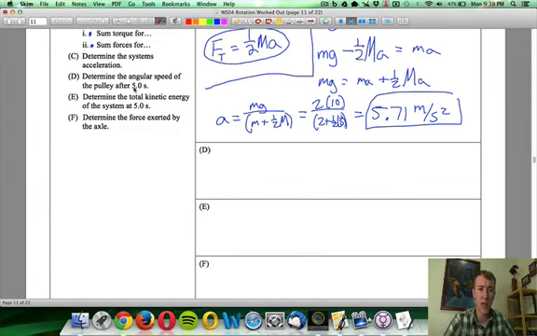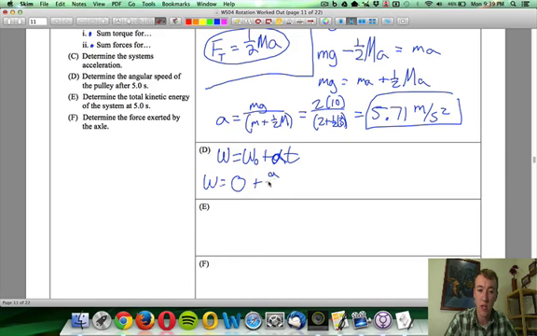It says determine the angular speed of the pulley after 5 seconds. We can use this equation here, finding the angular velocity. We got initial angular velocity plus angular acceleration times time. The initial angular velocity is 0. I don't know my angular acceleration, but I do know my tangential acceleration.